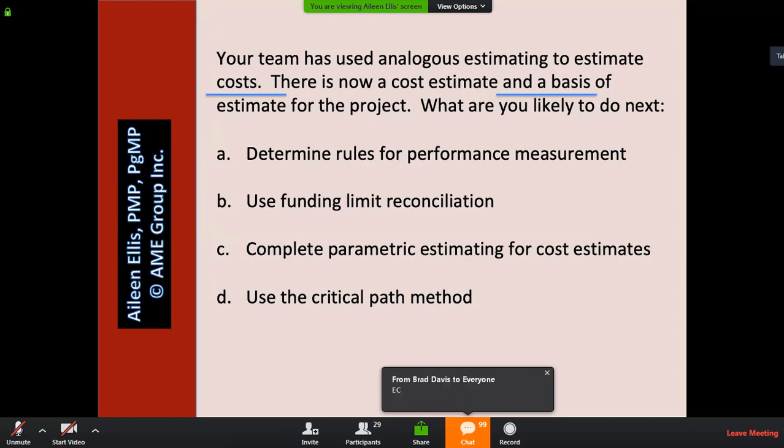Okay, so great, we just finished estimate costs. Let's look at answer A, determine rules for performance measurement. When does answer A occur?